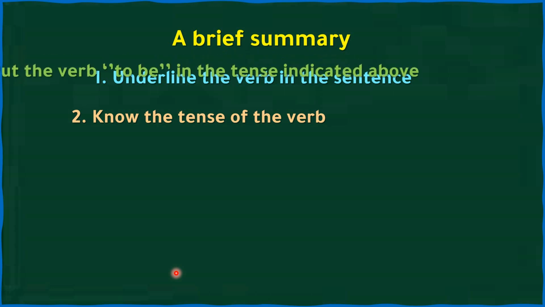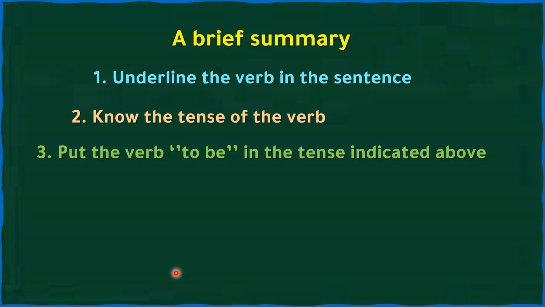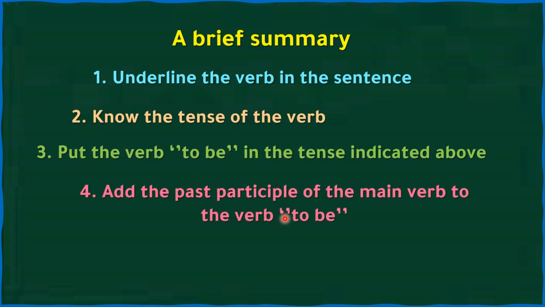Third, put the verb to be in the tense indicated above. For example, if you find that the verb is in the present, automatically the verb to be will be put in the present. If you find that the verb is in the past, automatically the verb to be will be put in the past. Fourth point, add the past participle of the main verb to the verb to be.